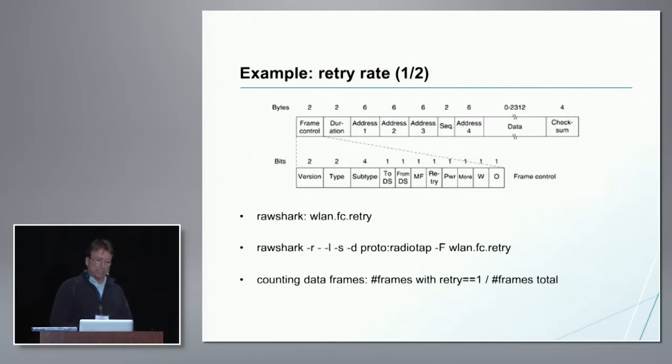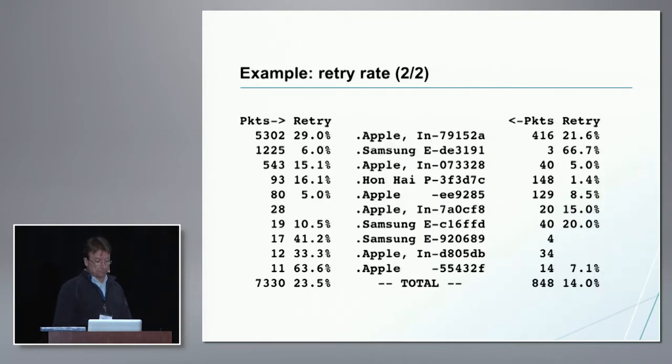Now, my example is, I'm sure you're all familiar with the frame control header and the retry bit. Tshark calls it wlan.fc.retry, so that's what I'm selecting for in the packet stream. And here you see an example.